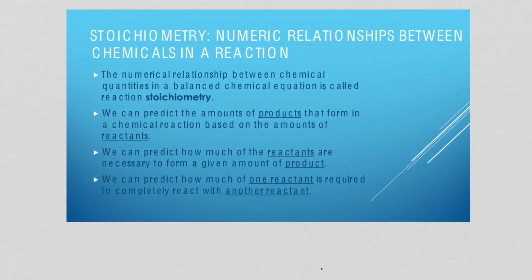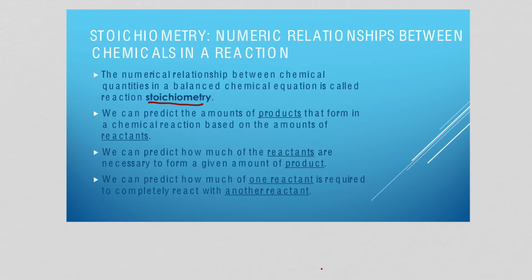So this whole general study of these numeric relationships between chemicals in a chemical equation and a reaction is called stoichiometry, right? So numeric relations between the chemical quantities in our balanced equation we generally refer to as stoichiometry. And we can do a lot of things, right?